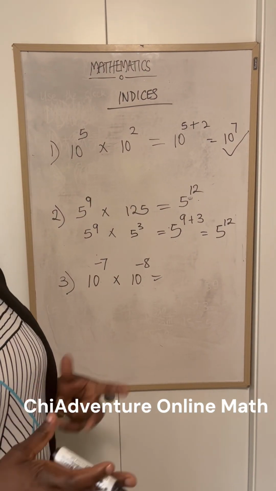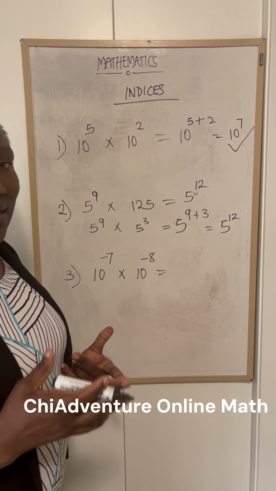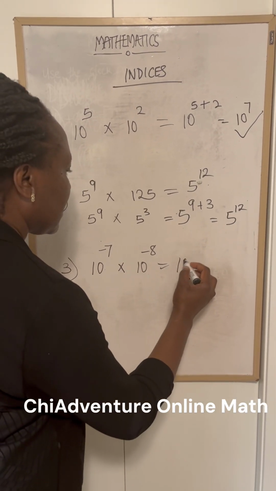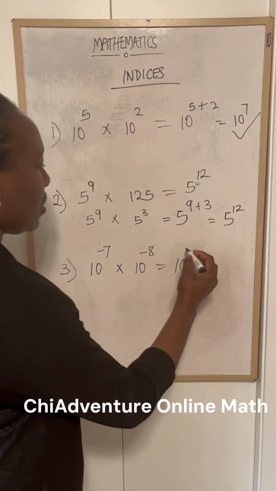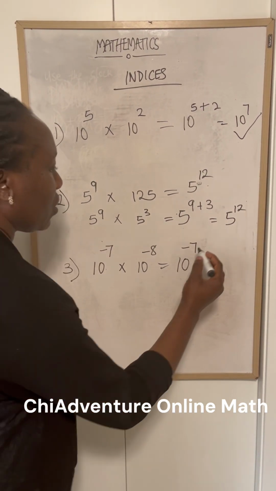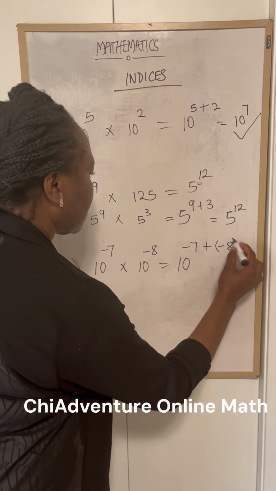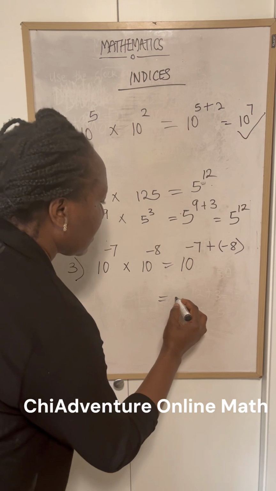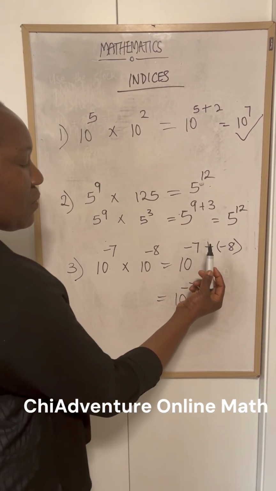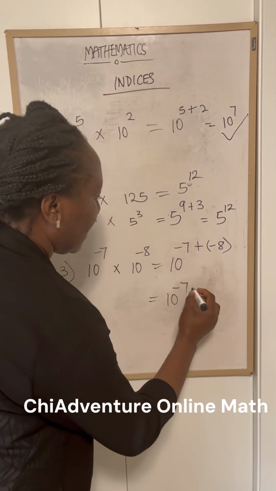So here, this is kind of tricky because we have some minus signs in our exponents. So we have 10, you bring your base, you have minus 7. Remember, multiplication is plus, so we have plus here. Then you bring your minus 8. So this is the same thing as saying 10 raised to the power of minus 7 plus minus 8. When you add, a negative and a negative will still give you a negative sign.